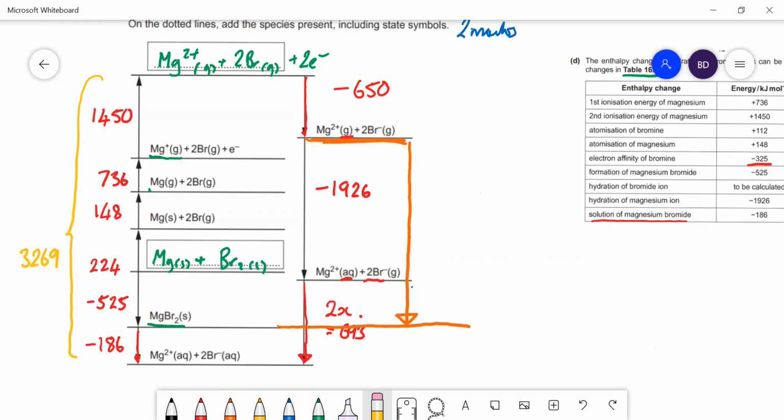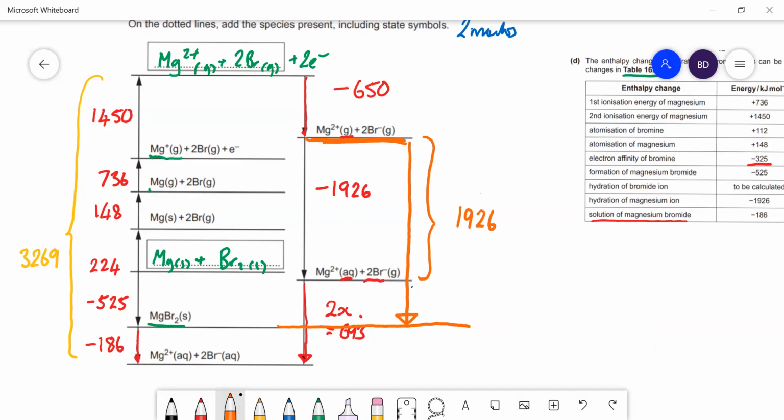Okay, so we've got 1926 there, haven't we? That bit there is 1926 kilojoules. And then we have this extra bit for magnesium 2+.